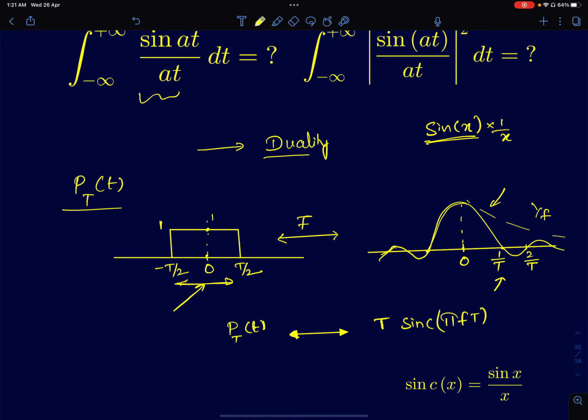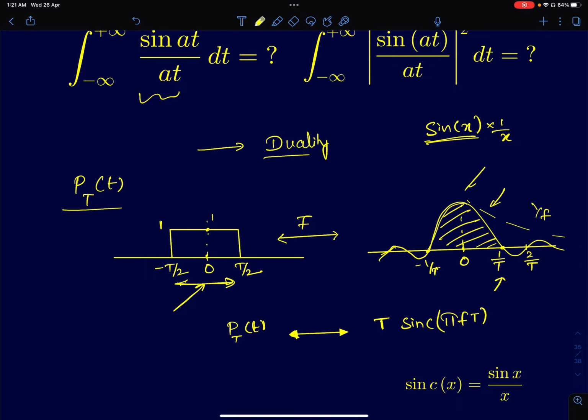If the width is T seconds, in the frequency domain it will be a sinc function, which is sin x by x, and it will have zeros at multiples of 1 by T. Most of the energy of this function will be concentrated within the interval minus 1 by T to plus 1 by T. What is the exact value? You have to calculate it numerically.